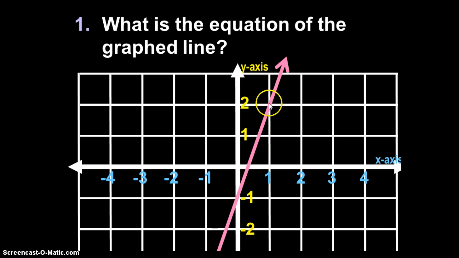Whenever it touches a solid number, that will be the slope. Our graph touches the y-axis here. If I go up 3 points, 1, 2, 3, it touches a solid number again, which is +1. So our slope should be 3 over 1.